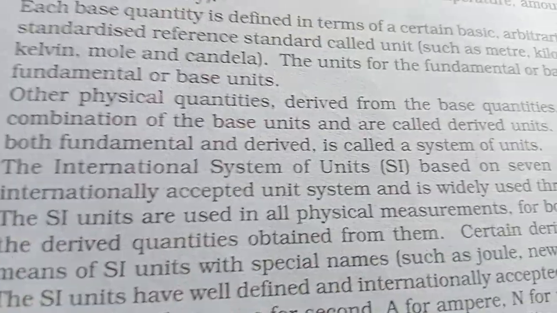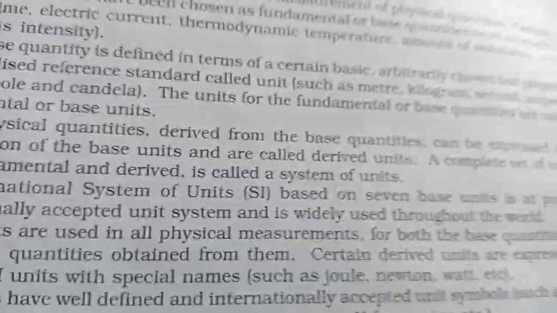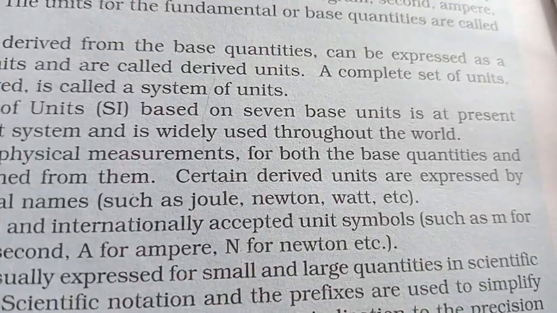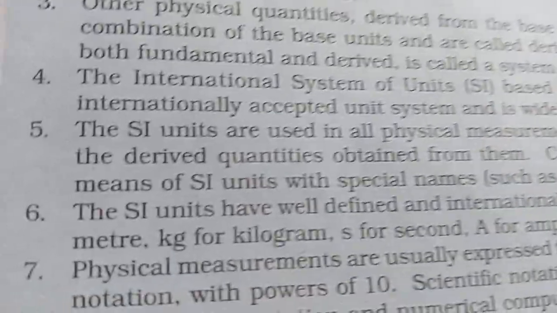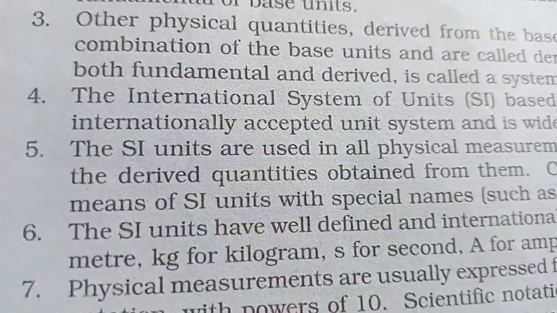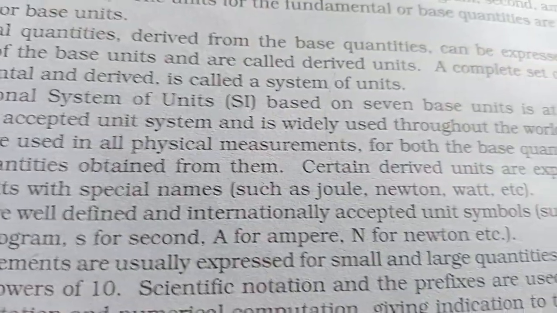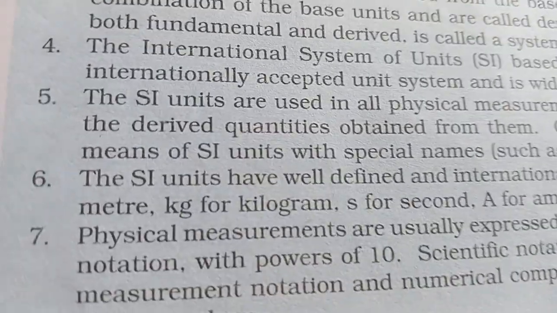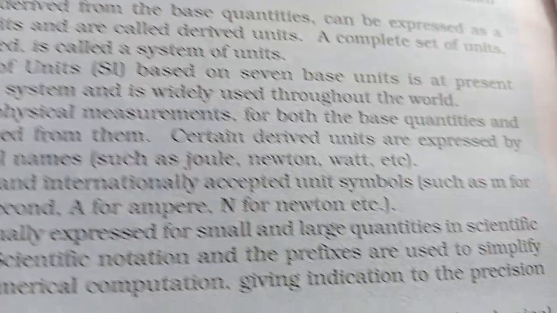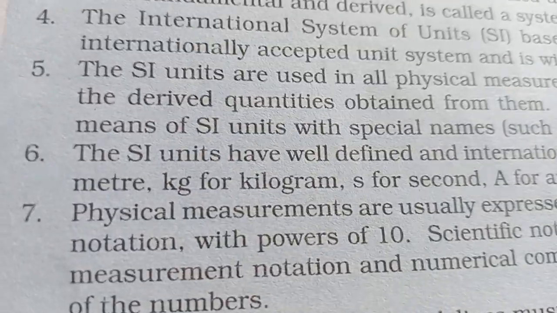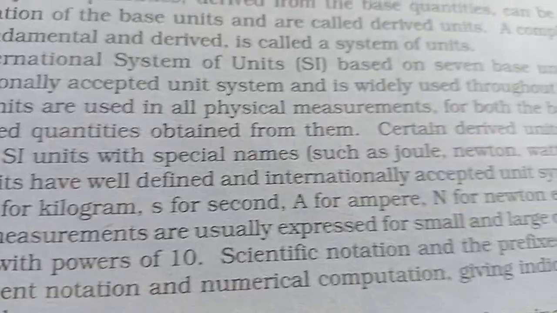The international system of units, SI, based on 7 base units, is at present the internationally accepted unit system and is widely used throughout the world. The SI units are used in all physical measurements for both the base quantities and the derived quantities obtained from them.